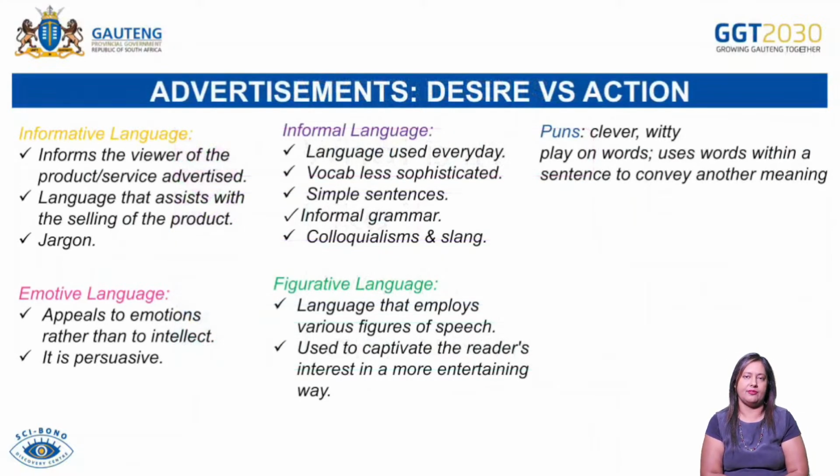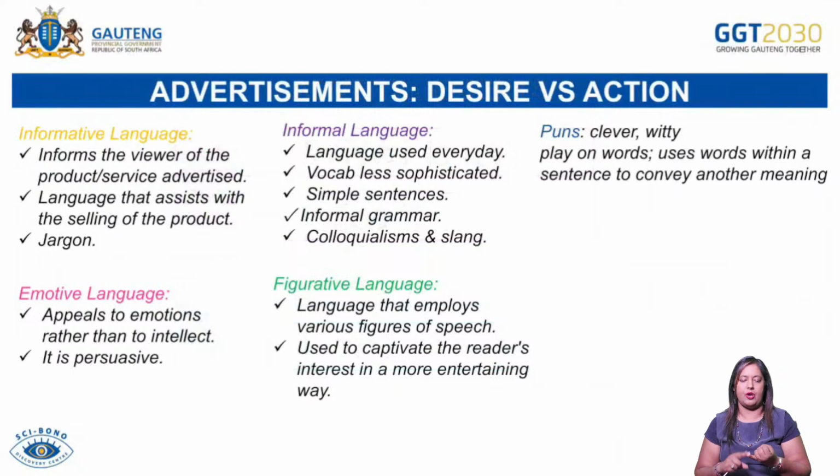Also within the advert that you're looking at, we are talking about my desire versus my action. So it can go either way. It can go negatively or positively. But in the instance of that, the advertiser will use certain manipulative techniques to get you to buy into a particular aspect of it.